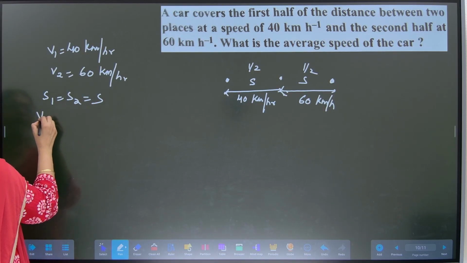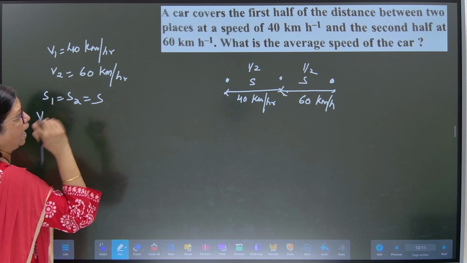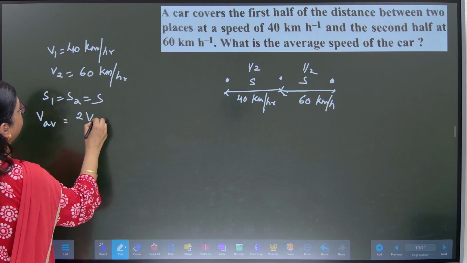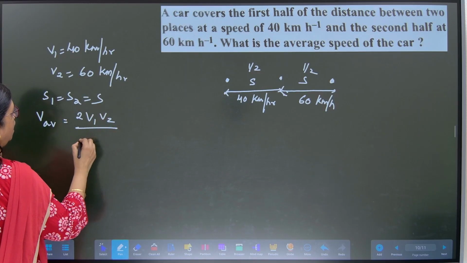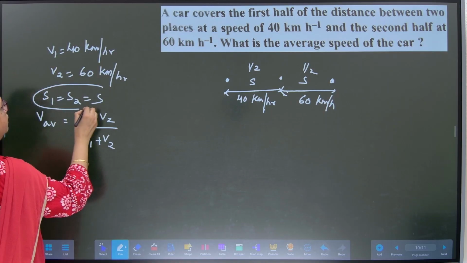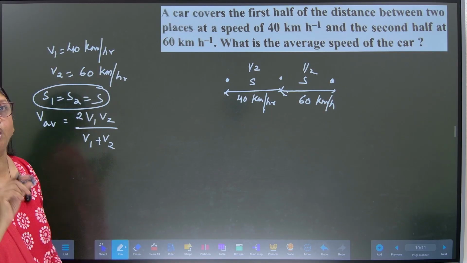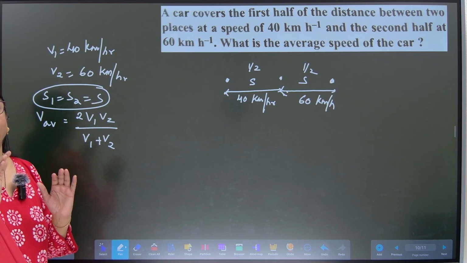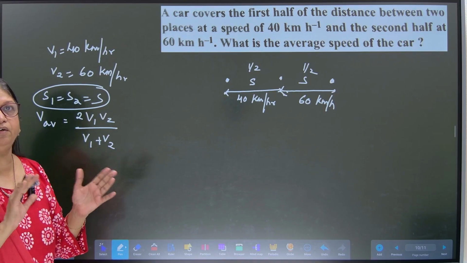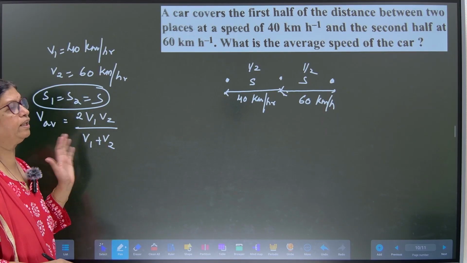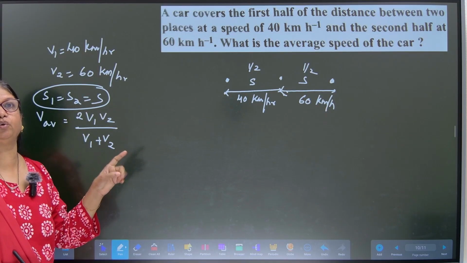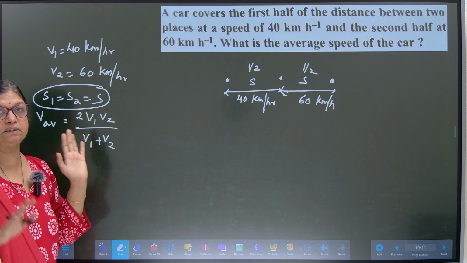So V average, which is asked, average speed, is equal to 2 V1 V2 upon V1 plus V2, provided the distance for both the occasions is the same. Speeds are different, V1 and V2. So directly you can use this formula for finding out the average speed, because V1 and V2 are given to you and both the distances are the same.